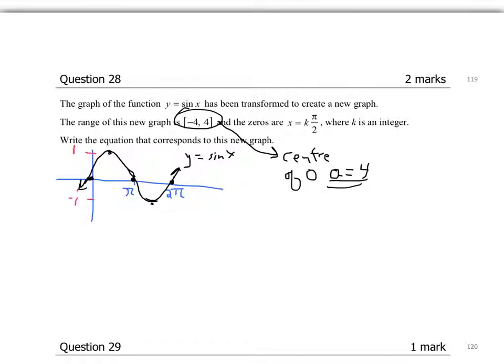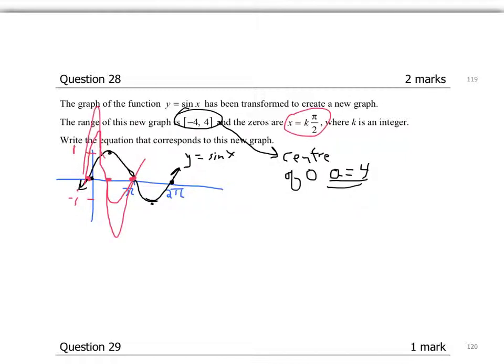The second part is the zeros. The zeros are k times pi over 2. So that means we have a 0 at 0, a 0 at pi over 2, and another 0 at pi. That is different than the graph we have. This graph shoots way up, comes down, shoots way up, and comes down.